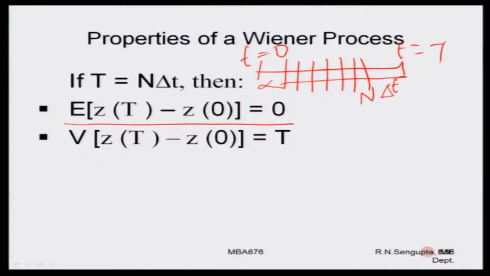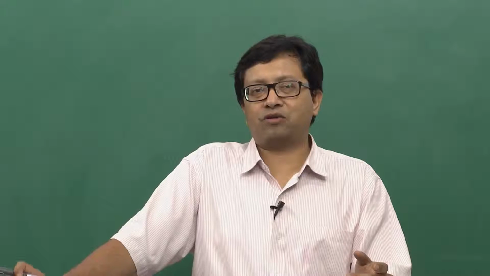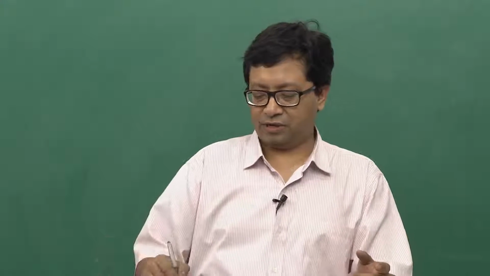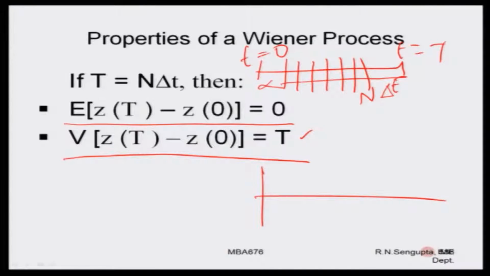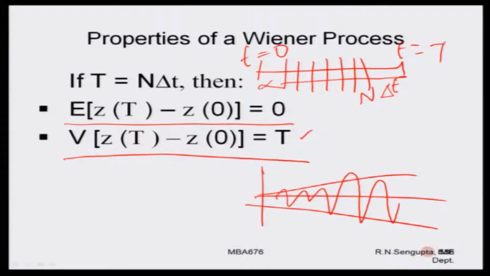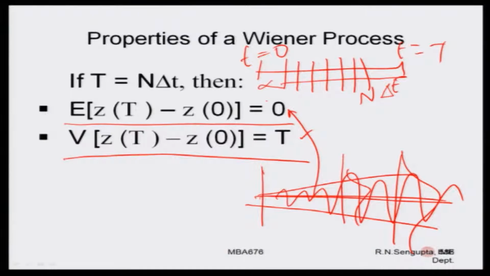So, if you consider the variance difference between when you started off the z process at time t equal to 0 and time t equal to capital T, it would basically be T, which means the whole process would be expanding in such a way that the mean value remains as it is, and the variance expands given the fact that it is dependent on time t.